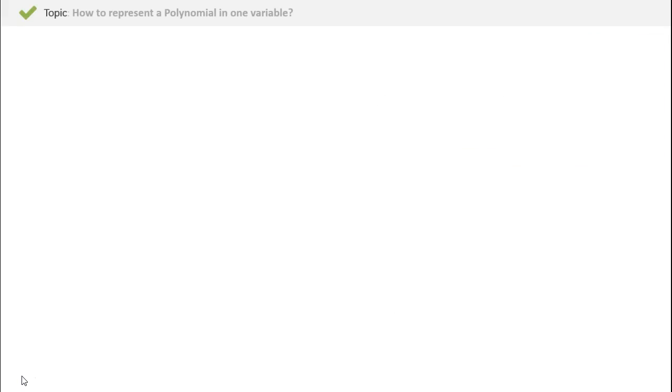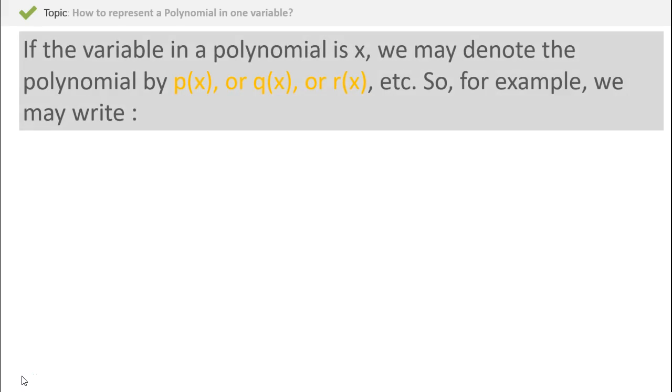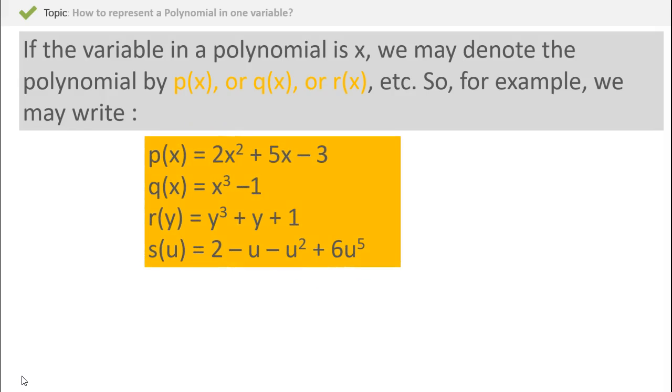Let's talk about how to represent a polynomial in one variable. If the variable of a polynomial is x, we may denote the polynomial by p(x) or q(x) or r(x), etc. So, for example, we may write p(x) as 2x squared plus 5x minus 3.